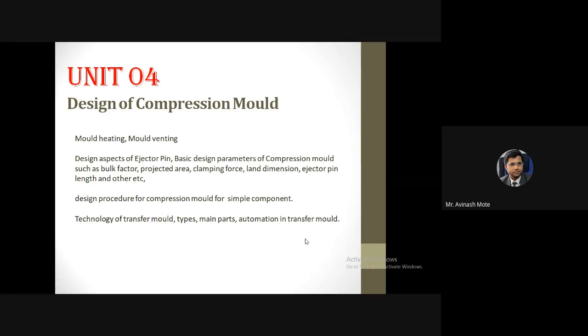So here in the second section, mostly we are going to discuss the basic processes which are applicable for all kinds of products. More than 90% of components or products are manufactured using only two processes: compression molding, sometimes transfer molding, which is also a type of compression molding, and the second is injection molding.